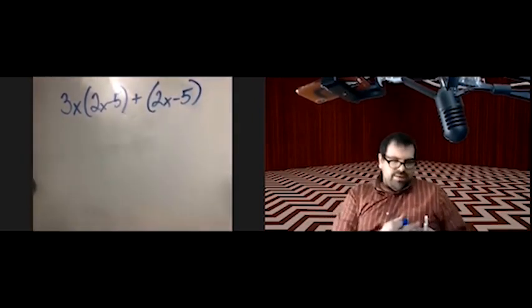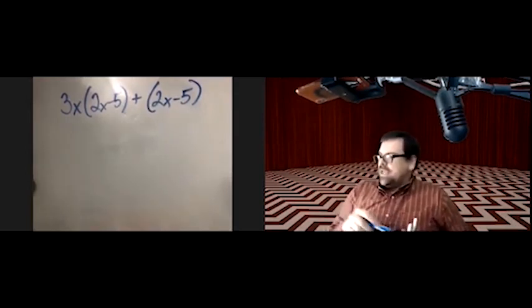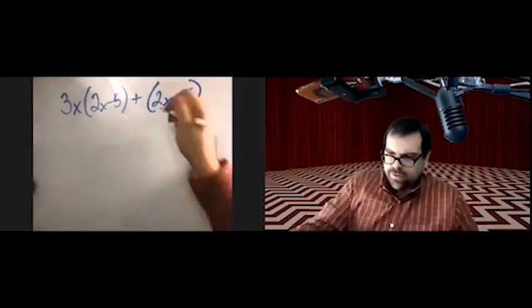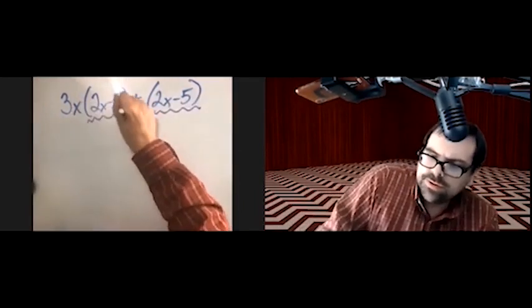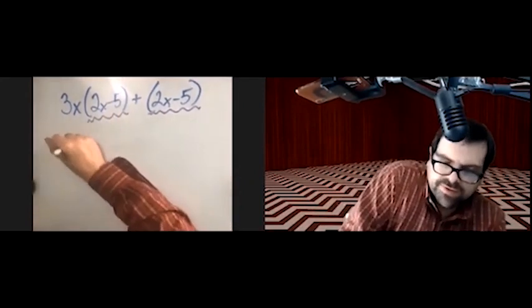So let me do this the same way. I'll use the same color coding. The common factor is 2x minus 5.